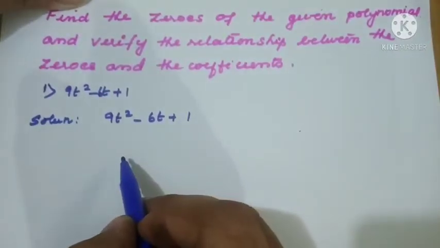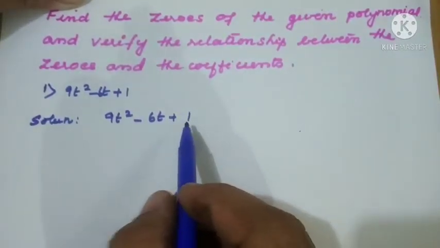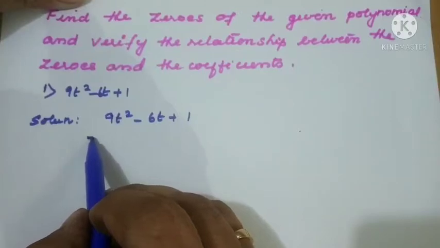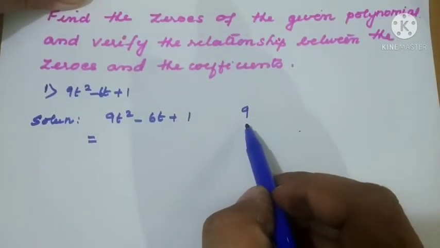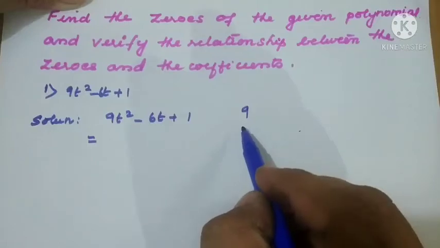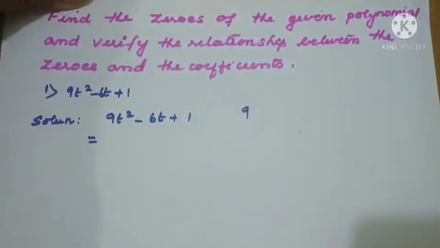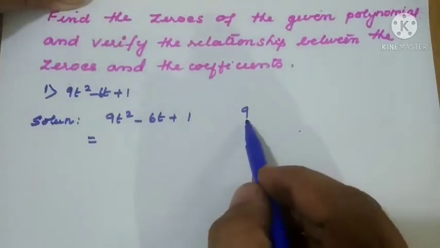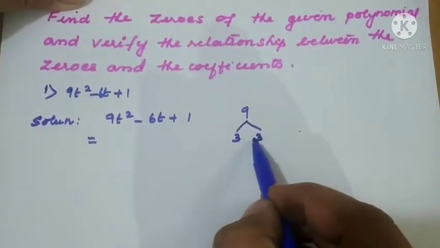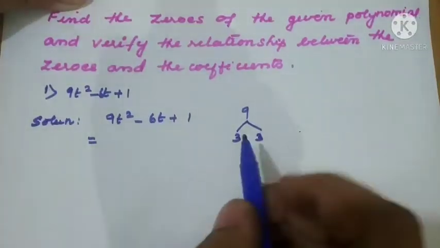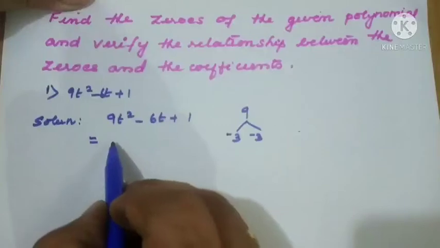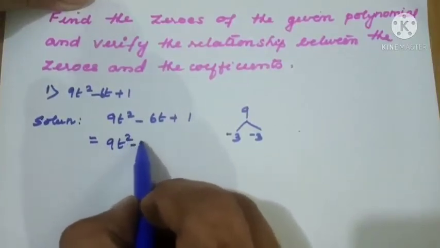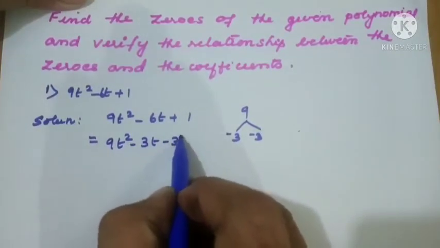So what is the first step? We should find it by splitting the middle term by factors. 9 is the factor where we should get a sum of 6 only. Three and 3 only, minus 3, so we can write here 9t square minus 3t minus 3t plus 1.